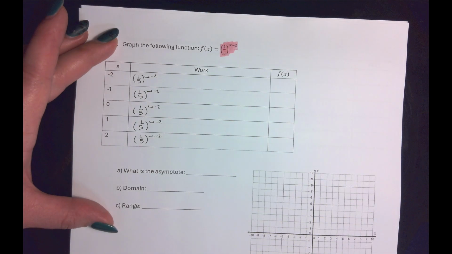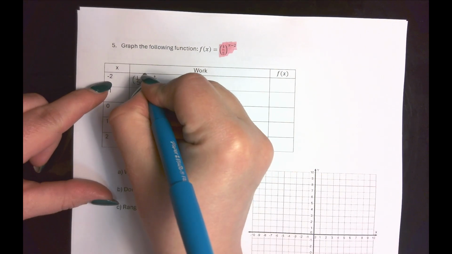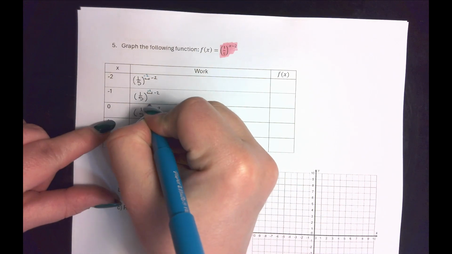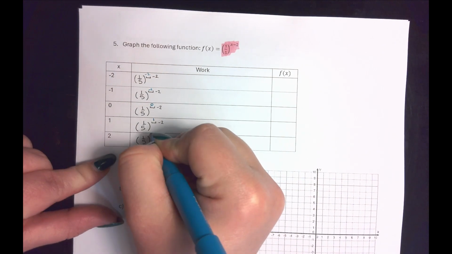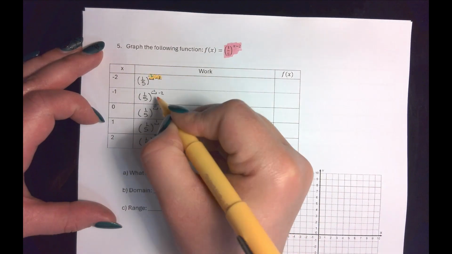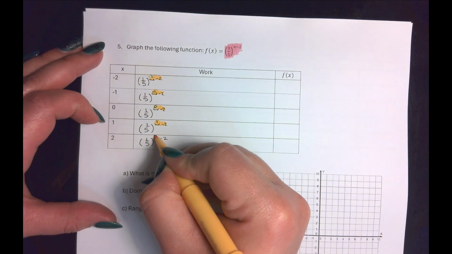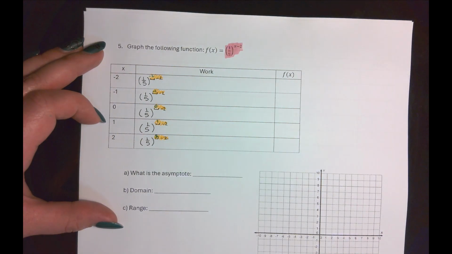I'm going to then write in my x values: -2, -1, 0, 1, and 2. Now, in this step, I'm not going to do anything with the 1/5, but I am going to simplify, subtract just the exponent spot.